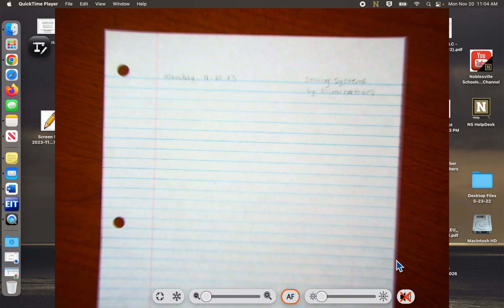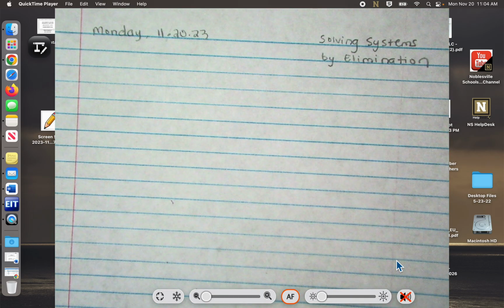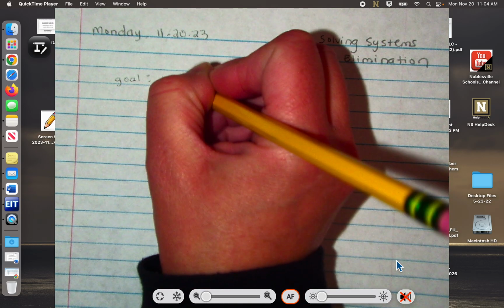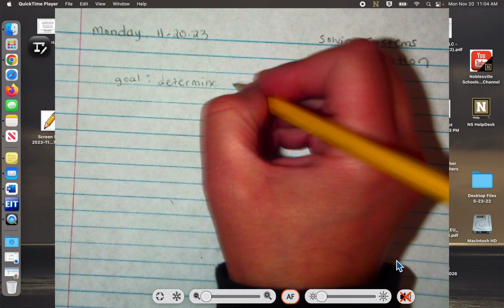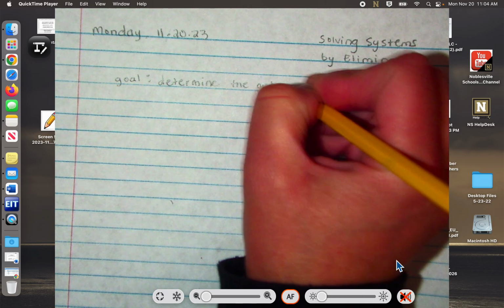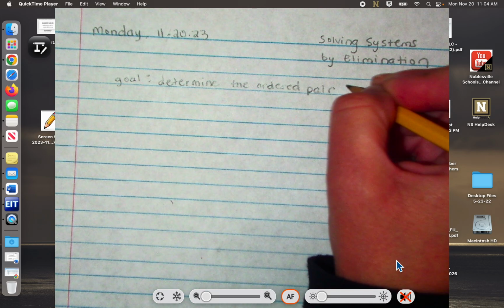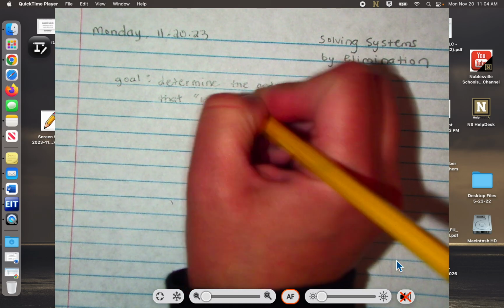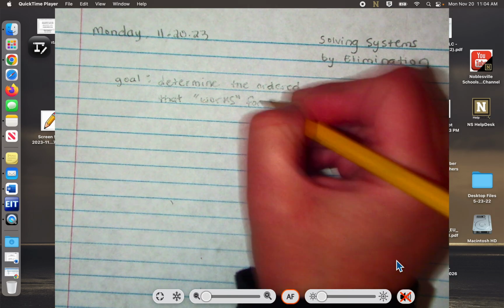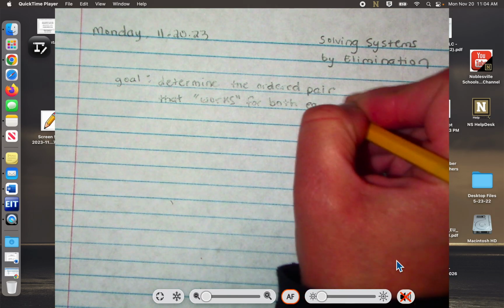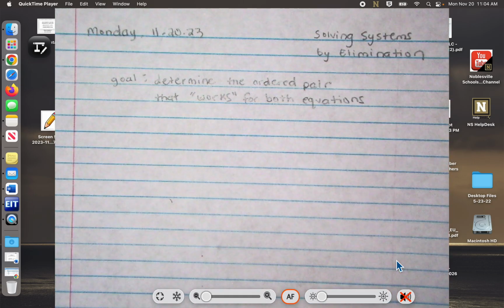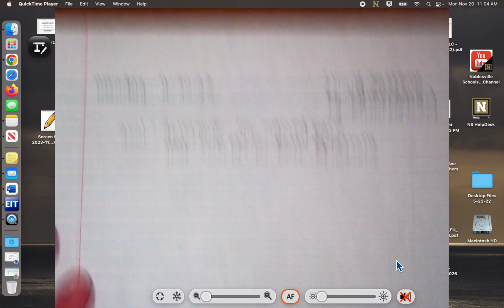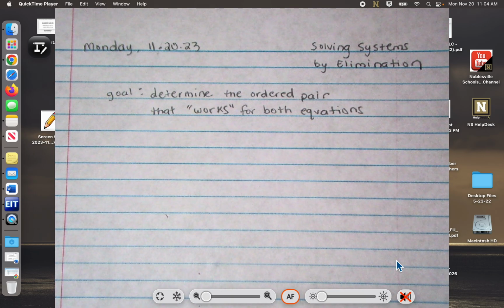So again, we are solving systems. We have the same goal that we've had this entire time. We're trying to determine the ordered pair that works for both equations, right?